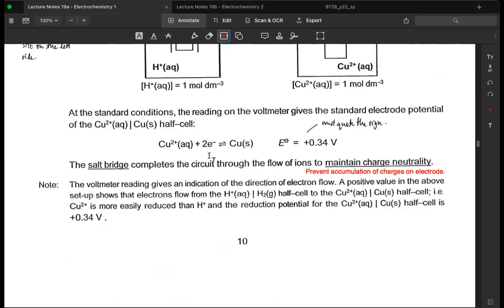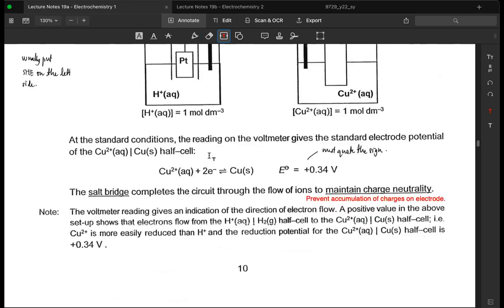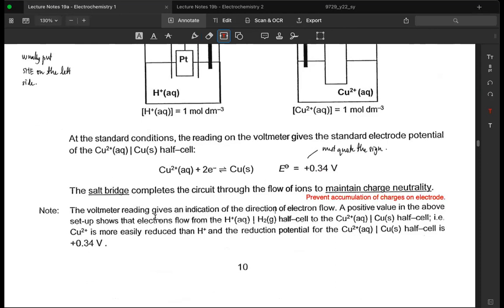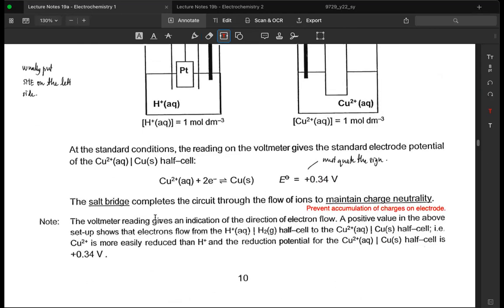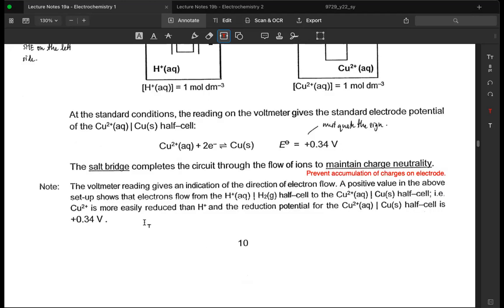Now, the voltmeter gives an indication on the direction. So if you see a positive value on the voltmeter, it shows that electrons are flowing from the hydrogen electrode towards the copper. Okay, so positive means electrons flow from hydrogen to copper electrode.